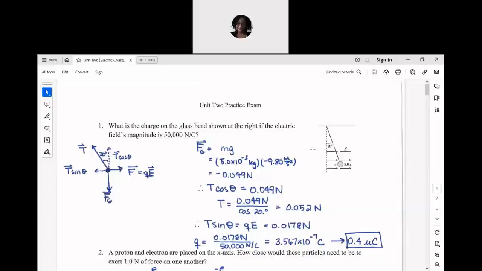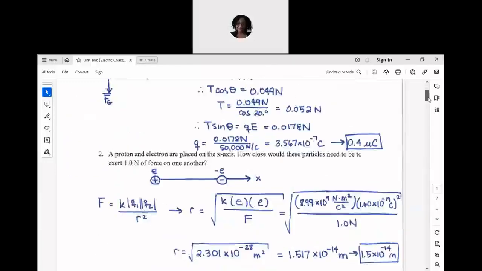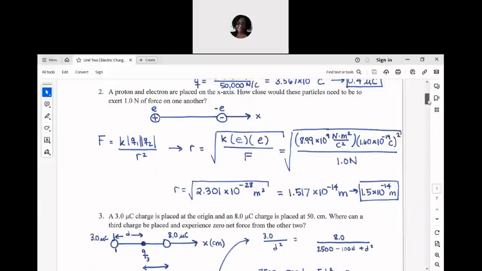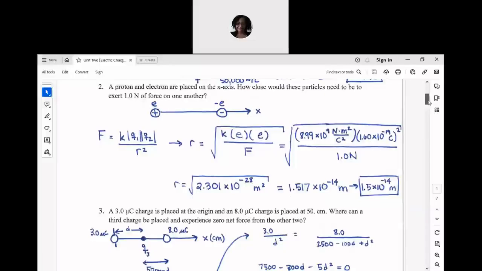We have just one sig fig here from our 50,000 Newton per coulomb electric field strength. So you can write that as either 4 times 10 to the negative 7 coulombs, or I have it written as 0.4 microcoulombs.